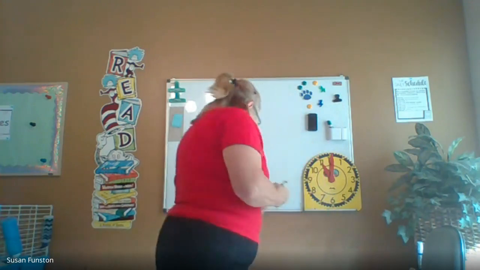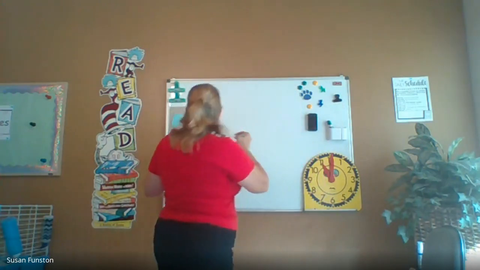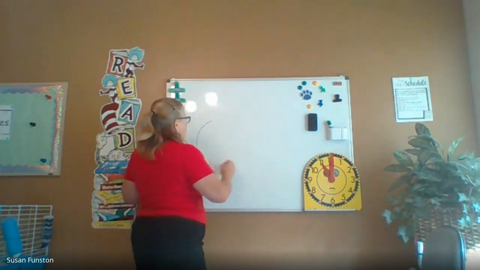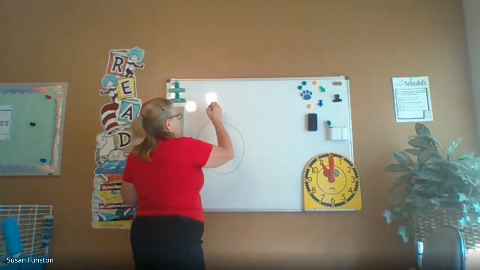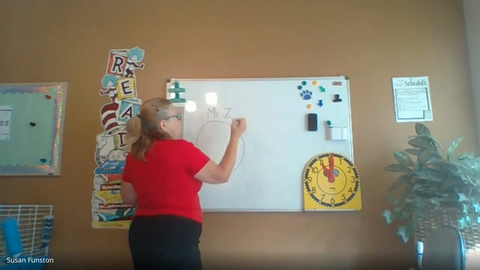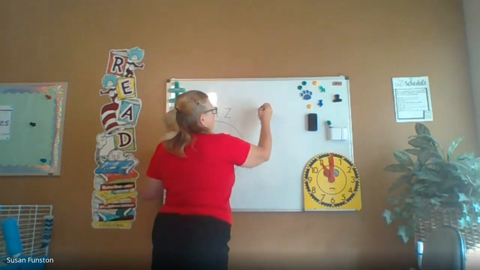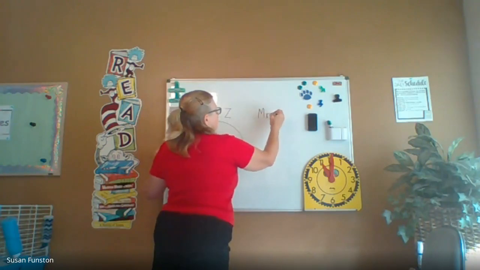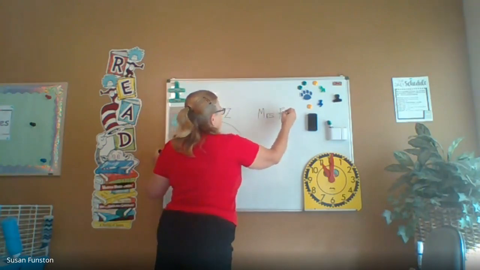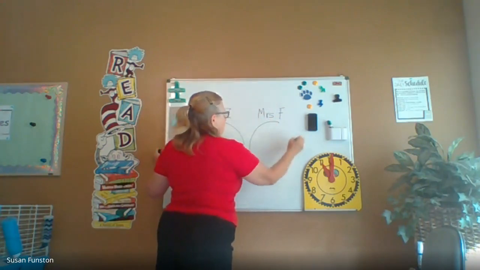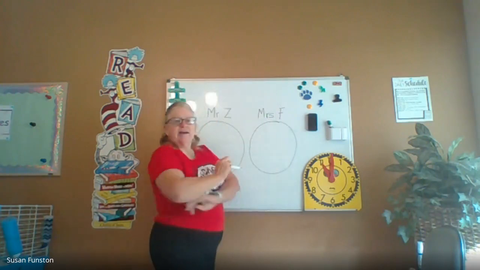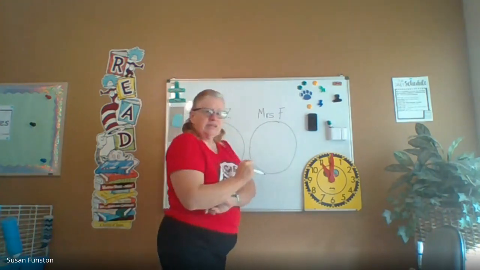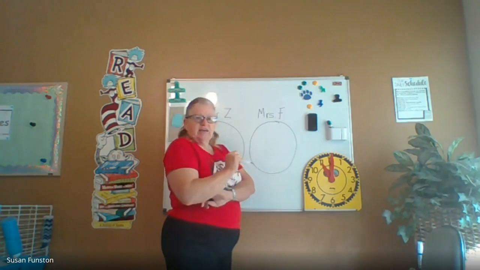Can we figure it out? Let's see. Okay, so we have one group, because Mr. Z is going to keep some of them, right? And then we have another group, the ones that he gave me over here. Now, how many markers did he have altogether?